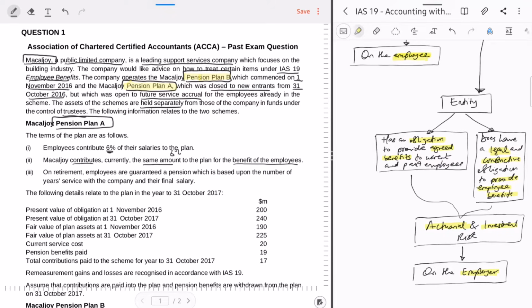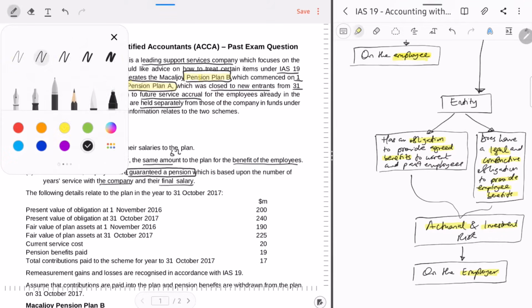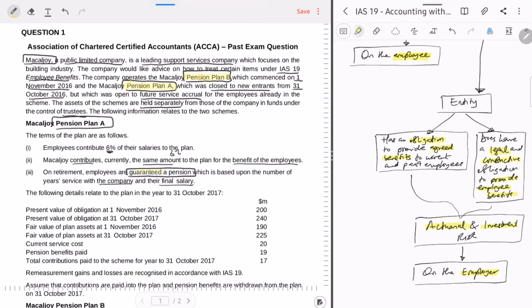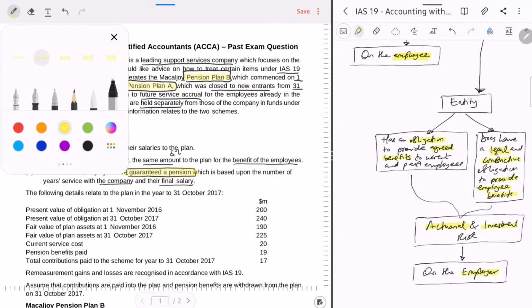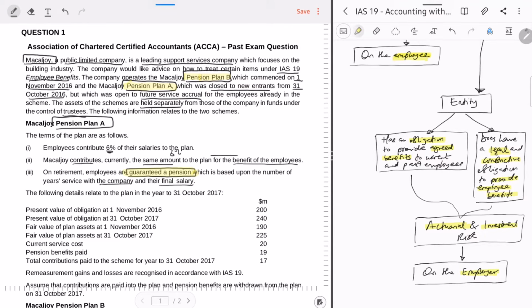On retirement, employees are guaranteed a pension, which is based upon the number of years service with the company and their final salary. This alone should tell us that pension plan A, because they are guaranteed a pension, this is what? Can you guess? This is a defined benefit plan.